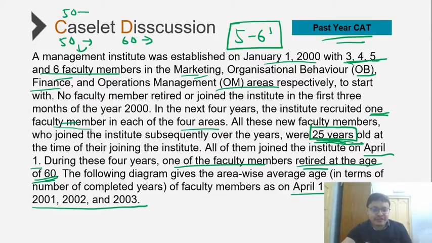Similarly, if the average is 50 and a 25-year-old joins, the average will again reduce. However, if there is no change, then the average will increase from 50 to 51. So what you do is look at which are the years where there has been an exact increase of 1, because that is when no change happened. Look at years when the average dropped.